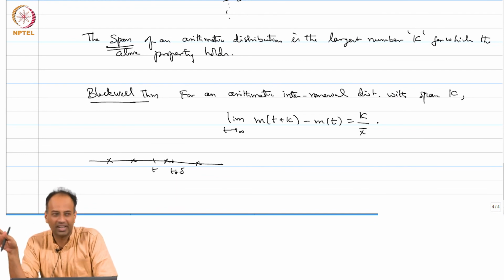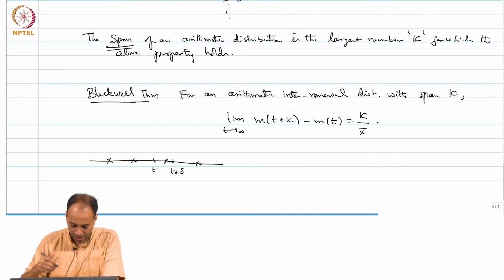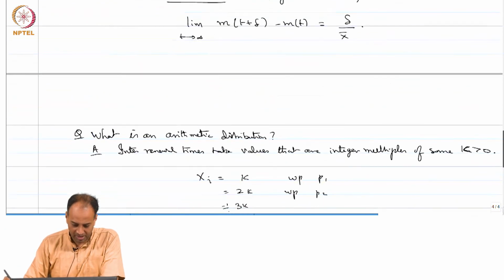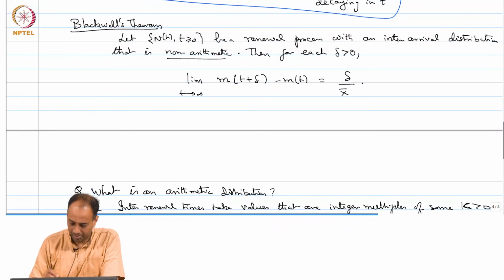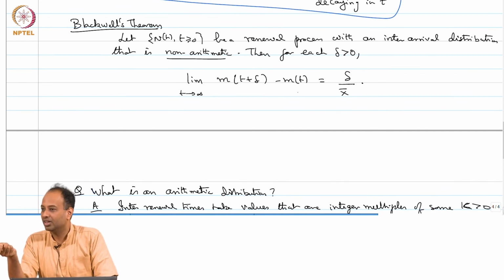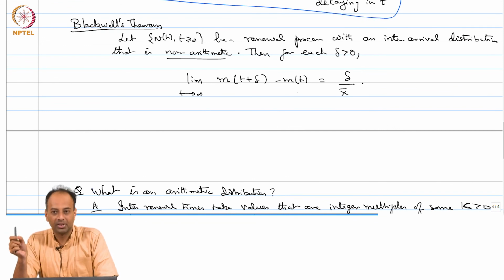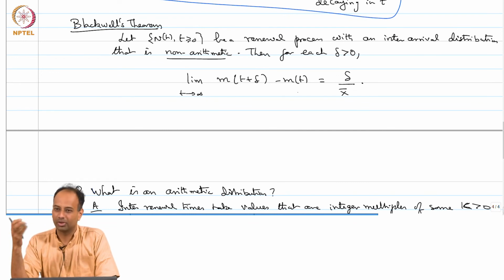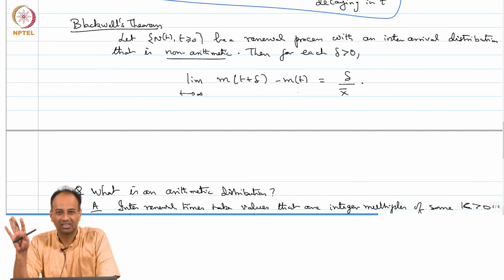It will be little o delta, we can ignore it. So, this expected number of renewals as given by Blackwell's theorem is basically the probability that you have a renewal in t, t plus delta. When delta is really small, you can have either 0 renewals or 1 renewal. 0 renewals will not contribute anything to the expectation, 1 renewal will contribute something, and 2 renewals onwards has very low probability. You can say it contributes little o delta.